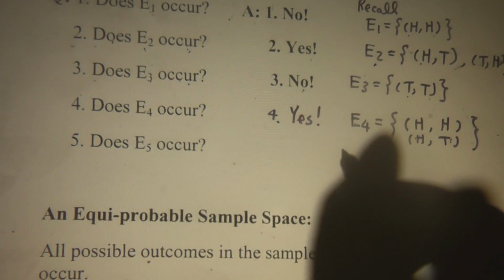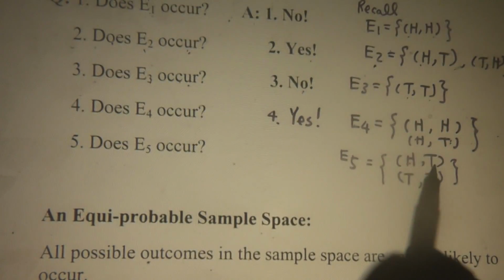Similarly, does E5 occur? What's in E5? E5 is we see a tail on the second flip. As for the first one, it can be head or tail. So head-tail is in E5. So again, we say yes. Okay?